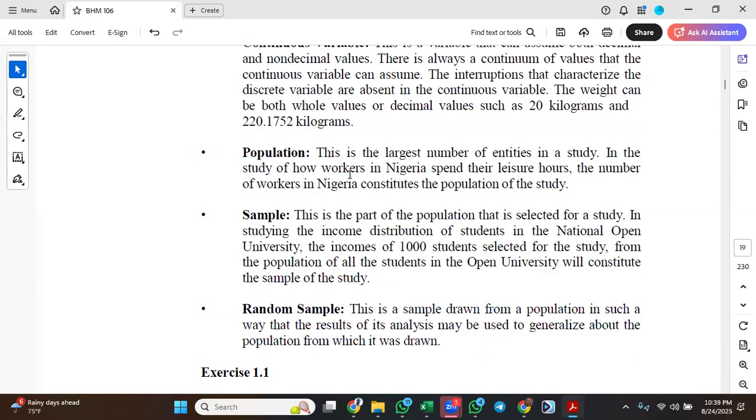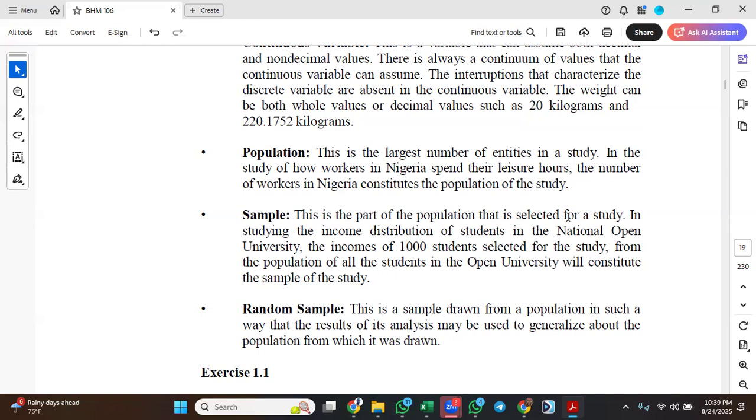While we have population, we also have sample. This is the part of the population that is selected for a study. If what we want to know is the average height of a primary school pupil in Nigeria, we will not need to go to all the primary schools in Nigeria to do the observation. We can select just, let's say we have 1,000 primary schools in Nigeria.